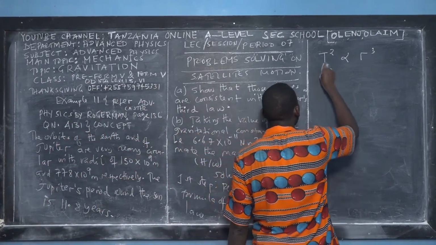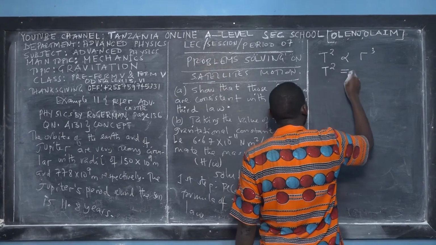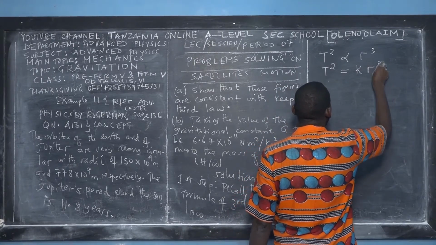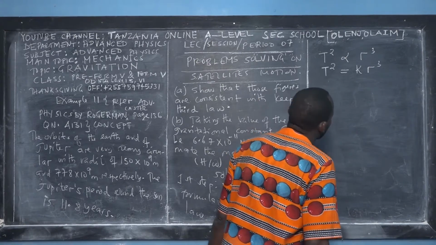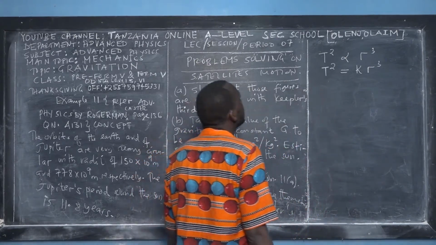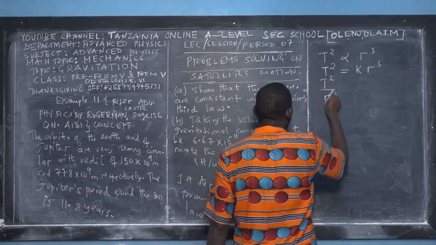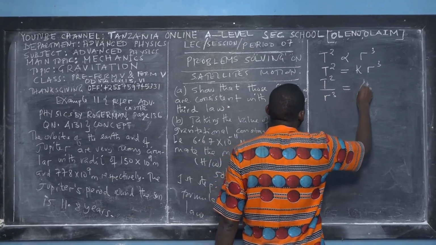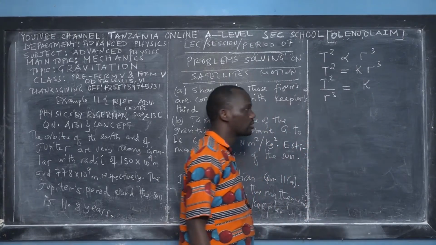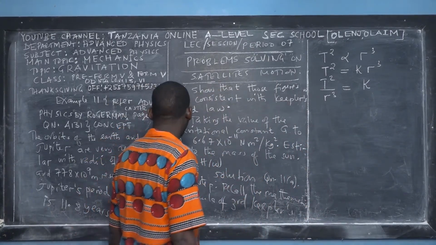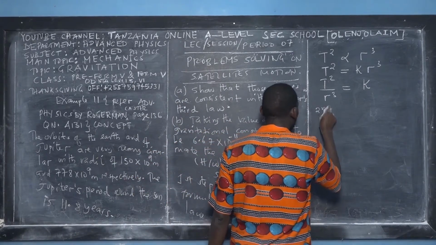If we want to write this law in mathematics, we have a proportionality constant k, then r cubed, that is the radius of the planet. So again, the square of the period over the cube of the radius gives us Kepler's constant.